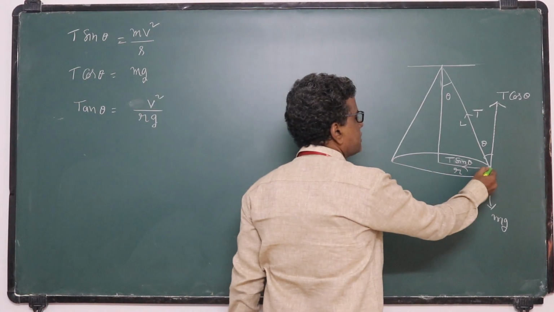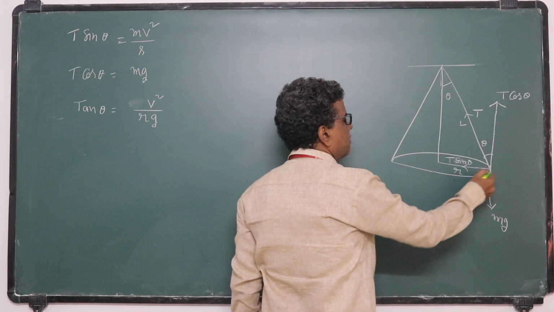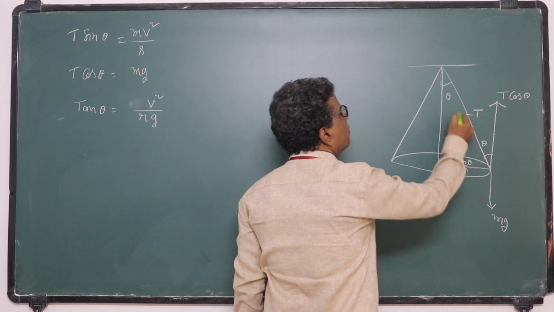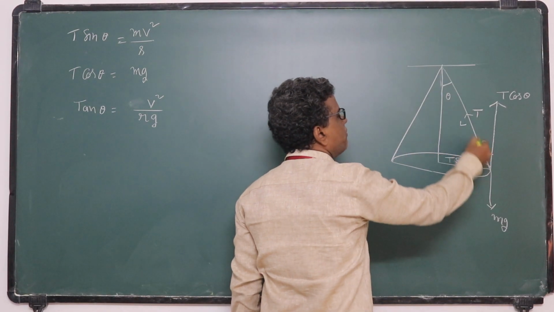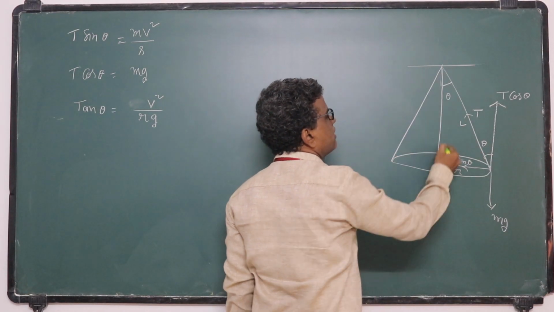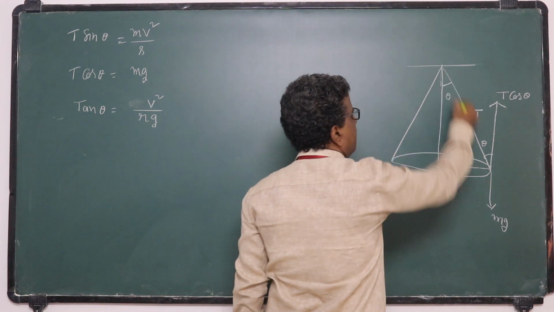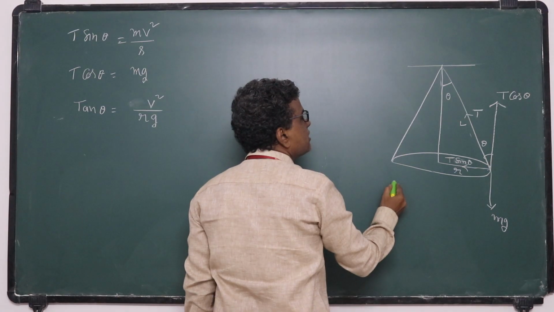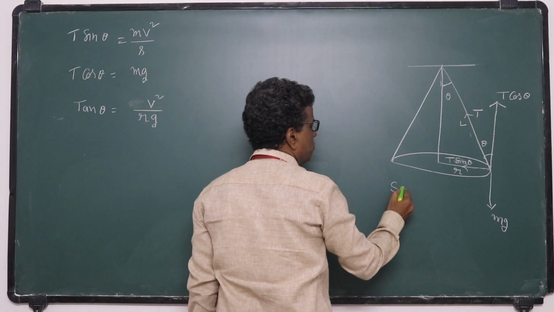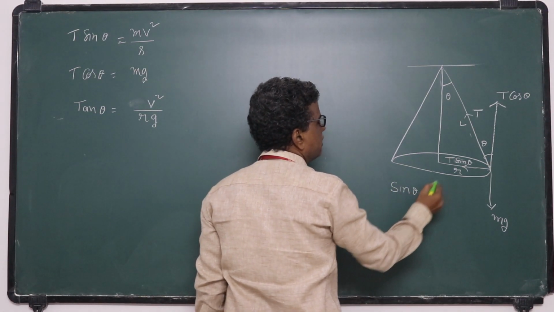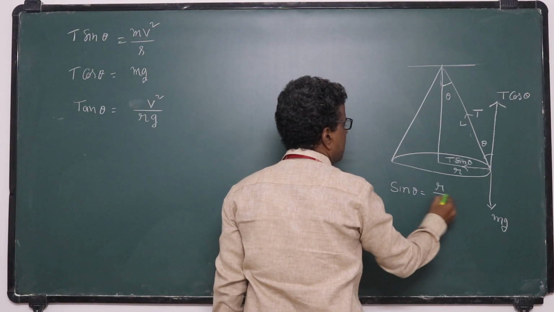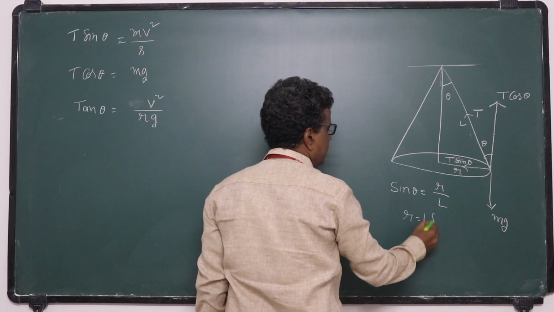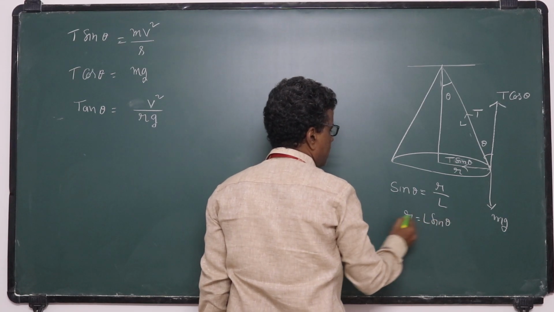So here r is the radius of the circular path, L is the length of the string, and theta is the angle swept by this string with the vertical. So how are L, r, theta related? From the diagram, we have sin theta is equal to r by L. So we have r is equal to L sin theta from this triangle.